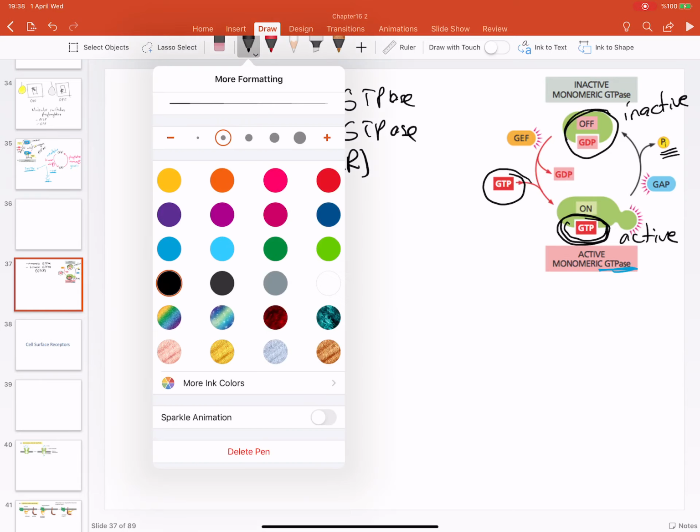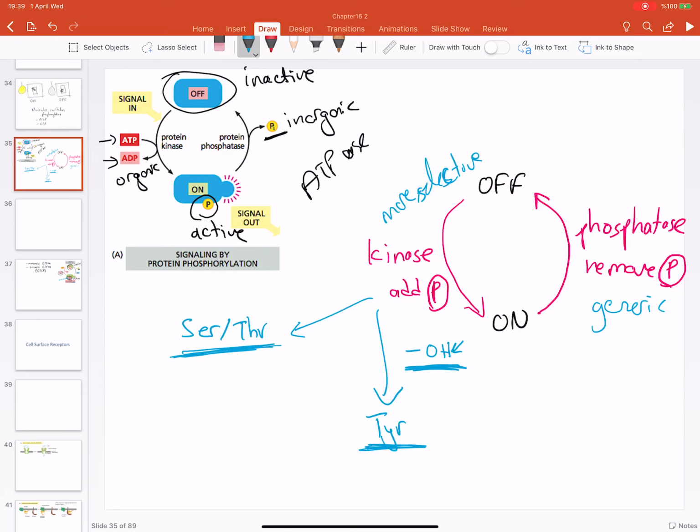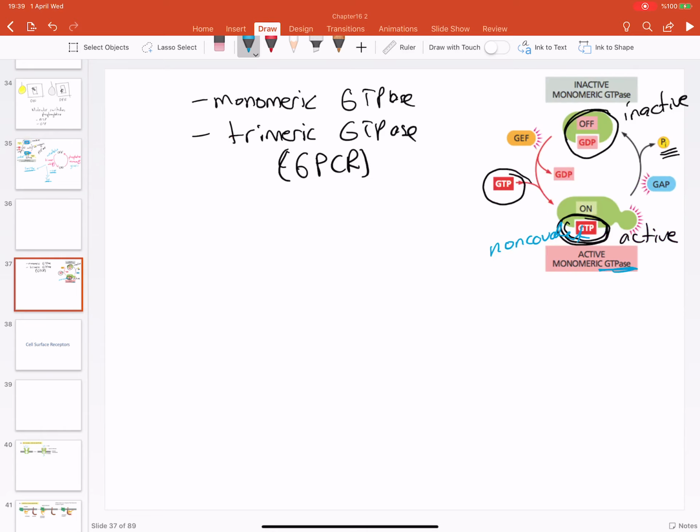Now, this interaction with the GTP is, of course, non-covalent. Unlike here, when the phosphate group interacts with the enzyme, it is covalent. This is why adding and removing it requires enzymatic activity. But here it is non-covalent. Although it's non-covalent, it also requires enzyme activity to remove it.